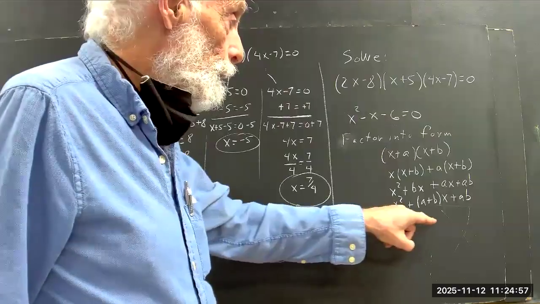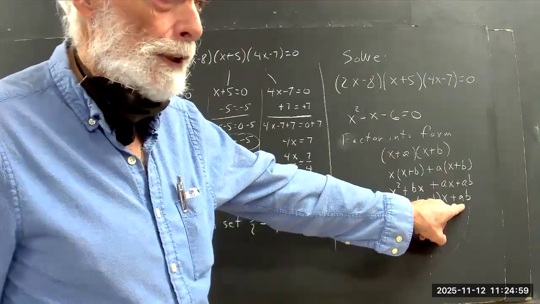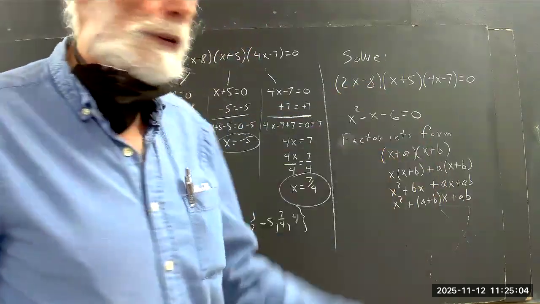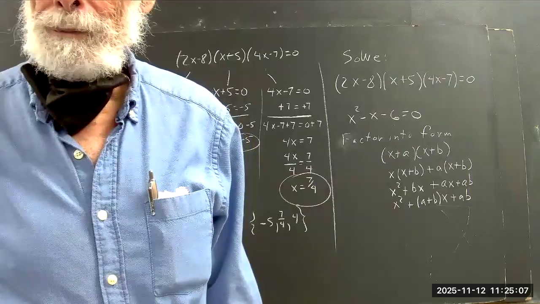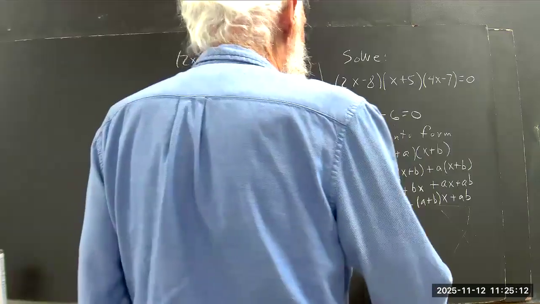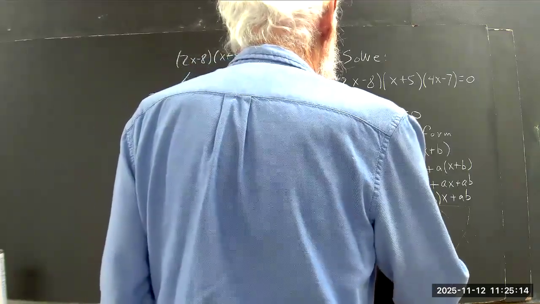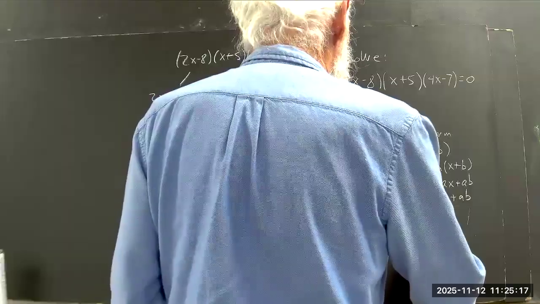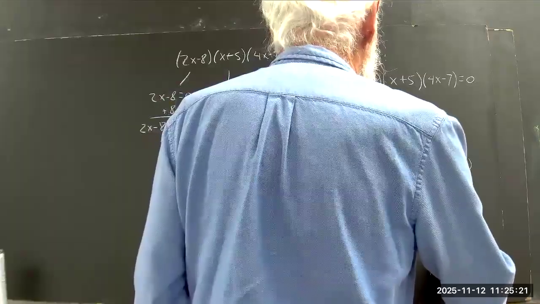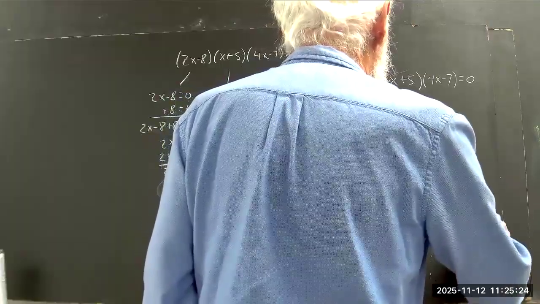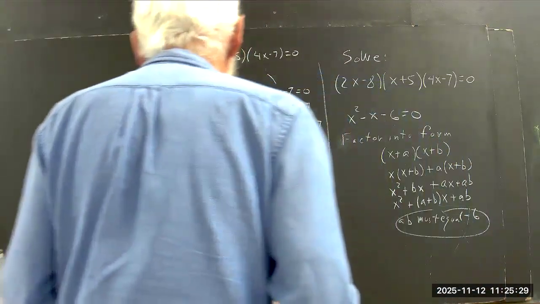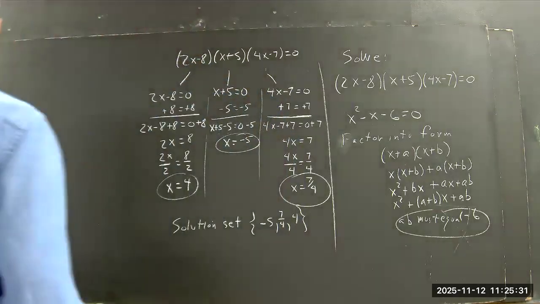In this form, the only thing that doesn't have an x is a times b. So a times b has to equal -6.